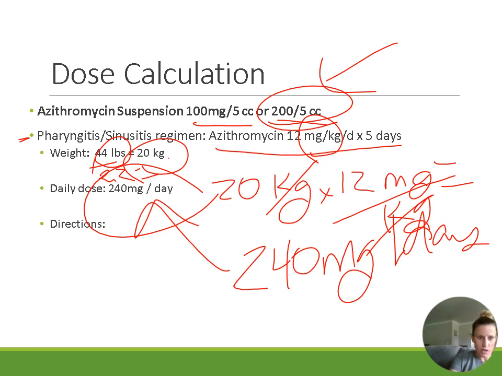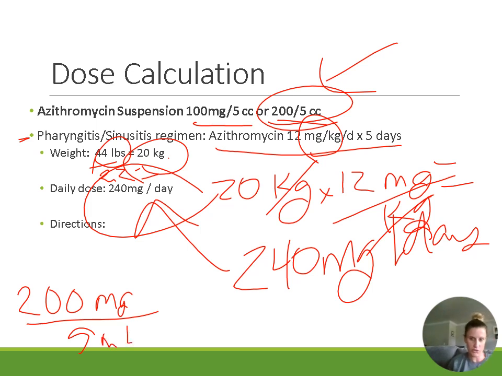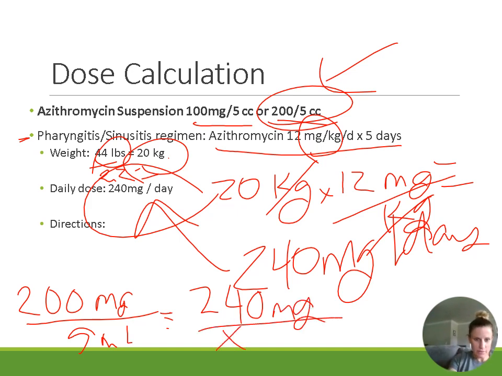The drug comes in 200 milligrams in every 5 milliliters. We want to get to 240 milligrams in X milliliters, because we're trying to find how many milliliters are going to give us 240 milligrams.